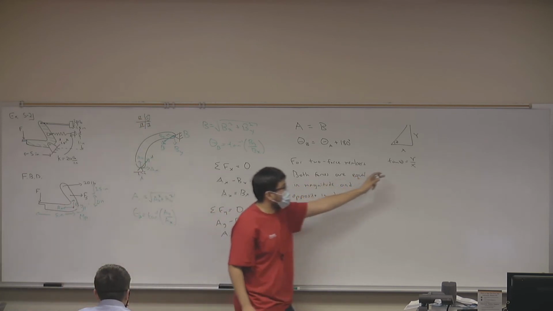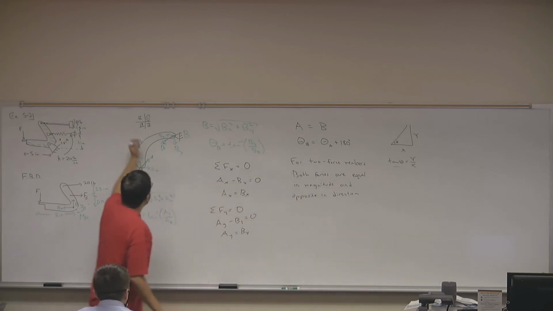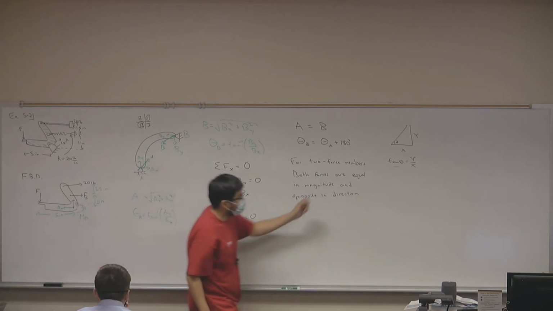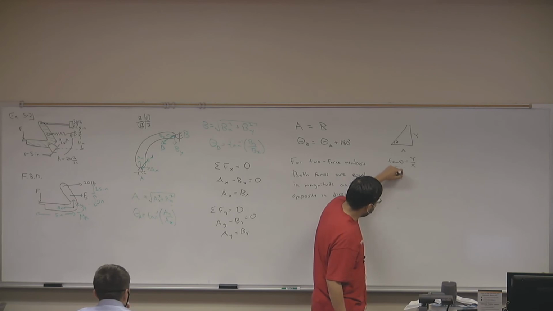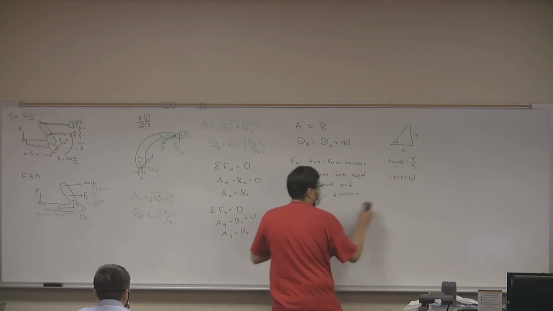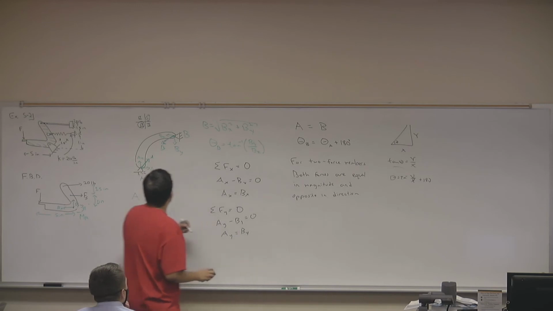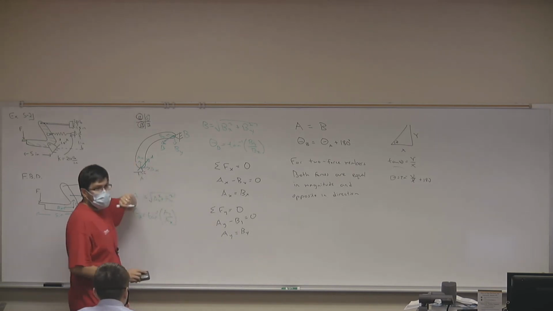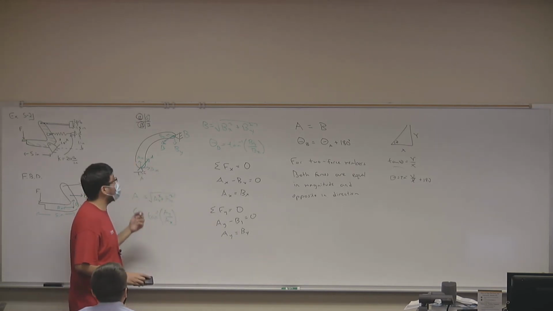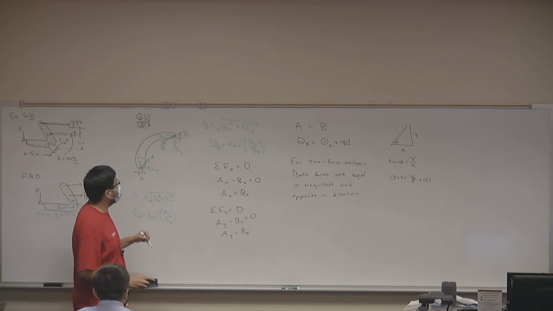Just use this equation. If they're both in the third quadrant, then the angle will be equal to the inverse tangent of y over x plus 180 degrees. If it were in the second quadrant, it'd be equal to the inverse tangent of y over x plus, what, 90 degrees?